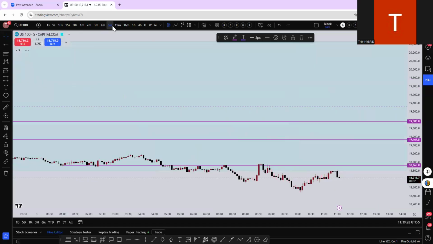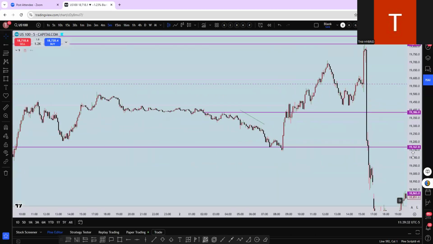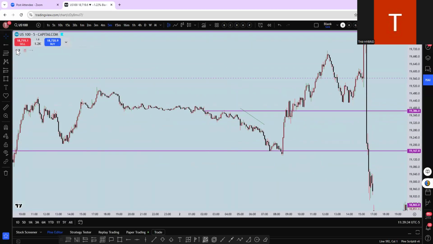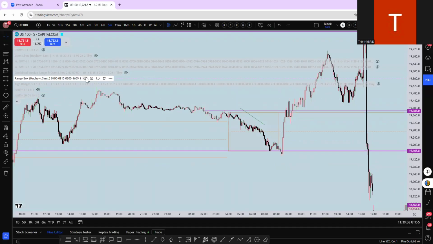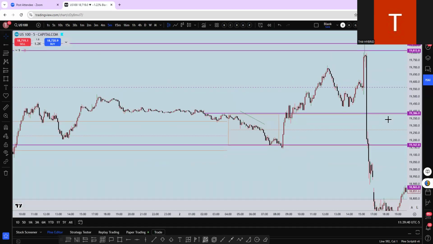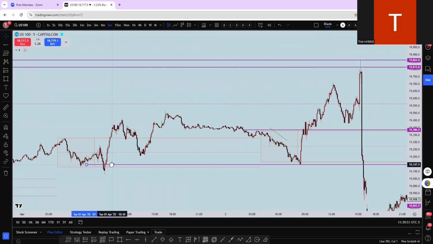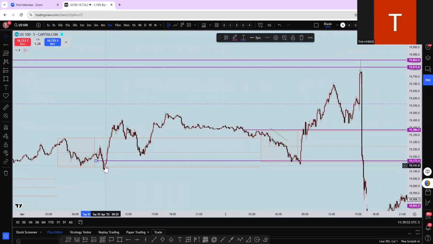So when we move down time frames and we add in the overnight session, we have an idea that from the open at 2 a.m., we traded down into an area where previous buying was done because you've got your key levels.